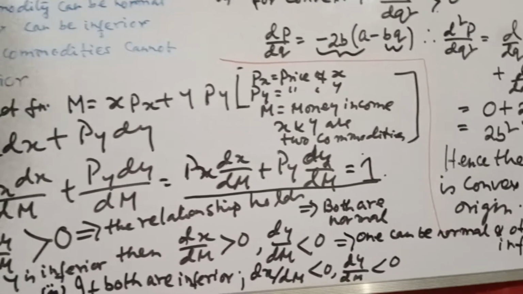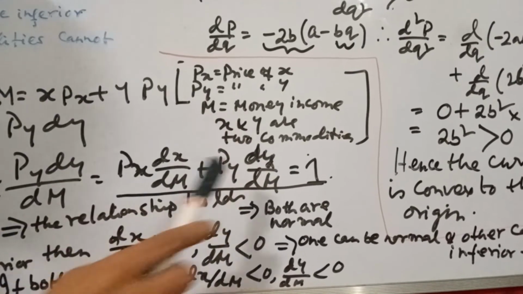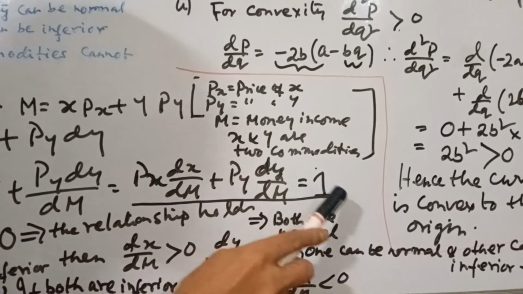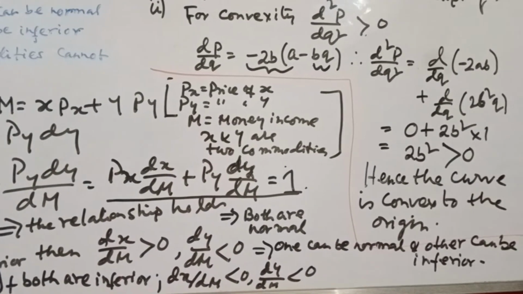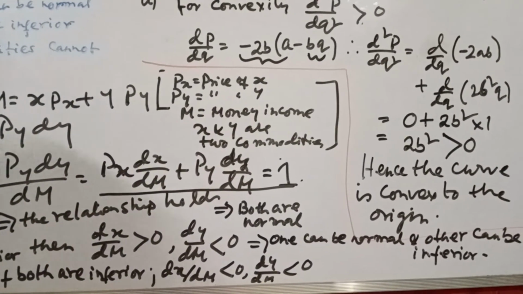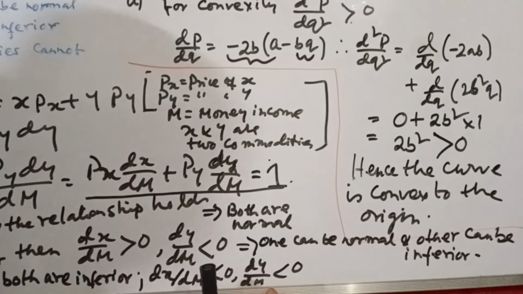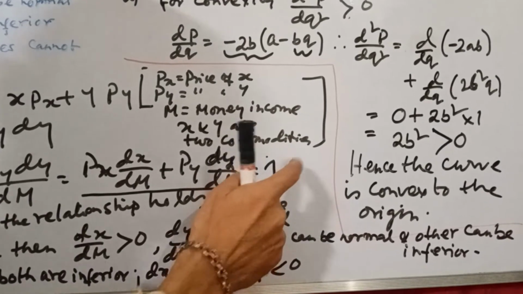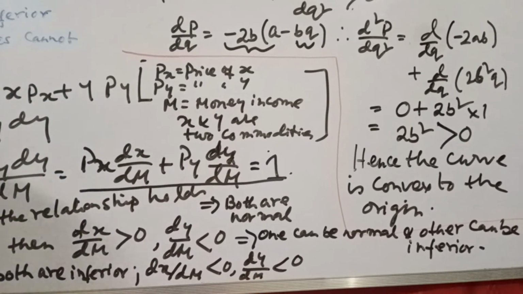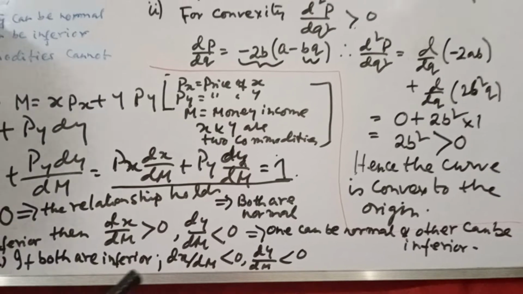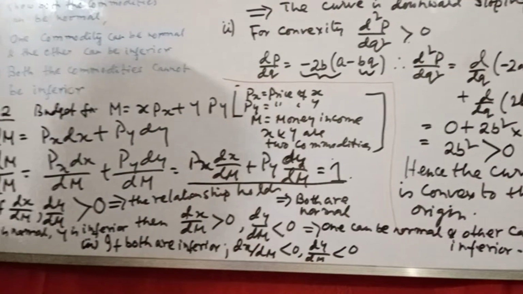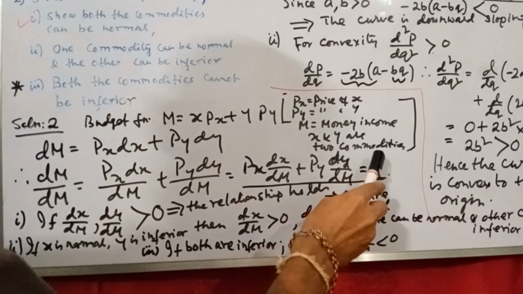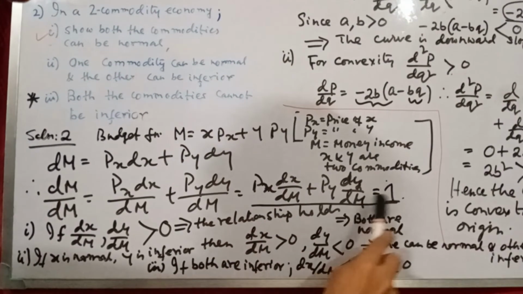Now if this happens, then this relationship will not hold good, because two negative quantities cannot make up one positive quantity. If dx/dm and dy/dm both are less than 0, then this relationship cannot hold good.